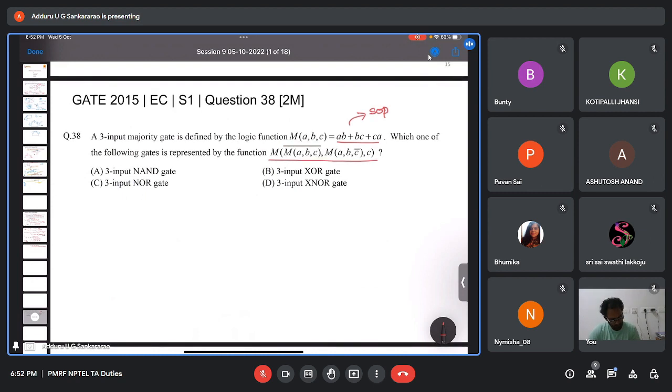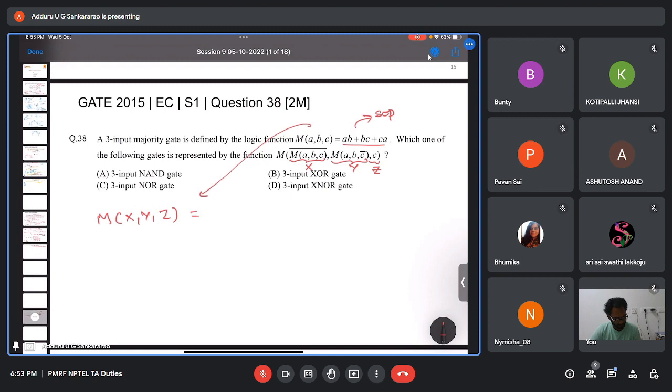So what the question gives is this one. I'm calling this one X, this one Y, and C I am calling Z. Now what we require is M of X, Y, Z. Since M of A, B, C is AB plus BC plus CA, in a similar way M of X, Y, Z will be XY plus YZ plus ZX.